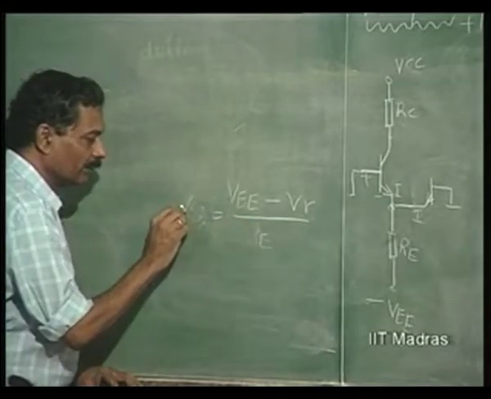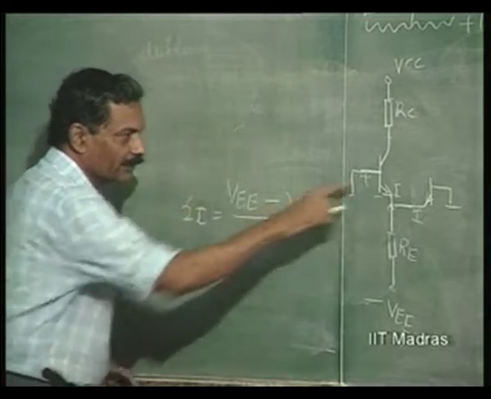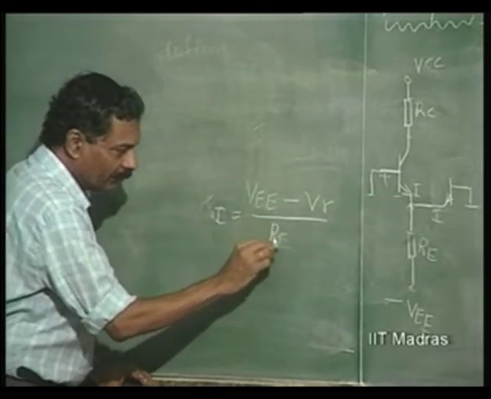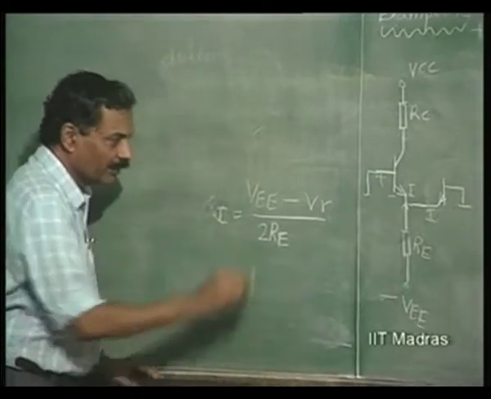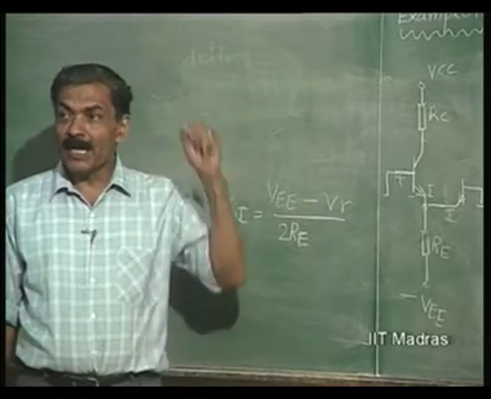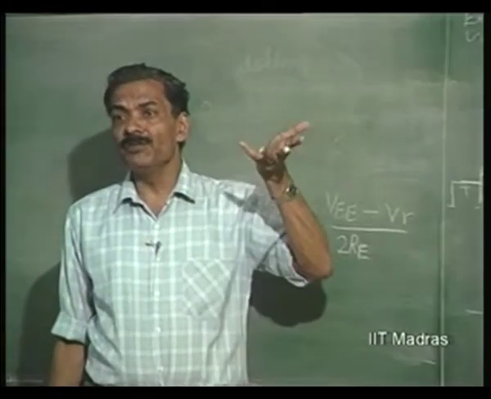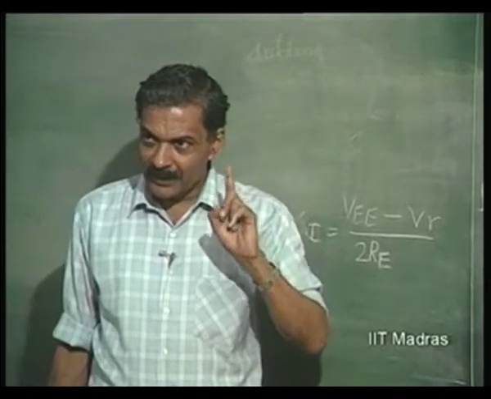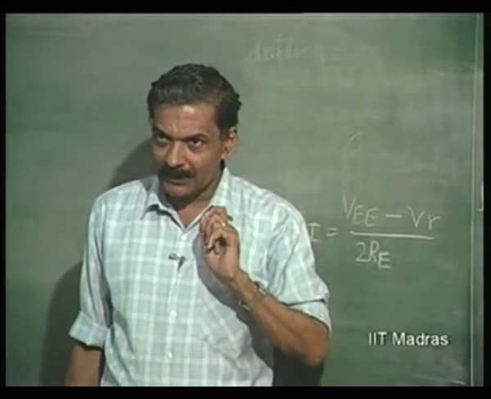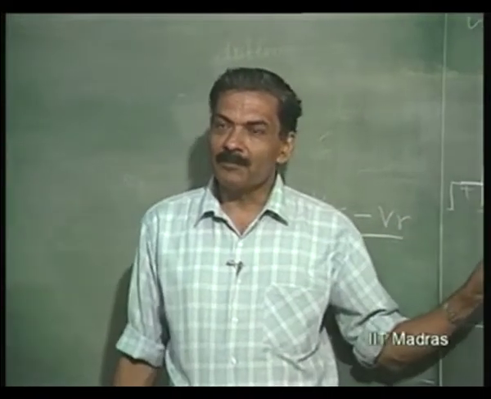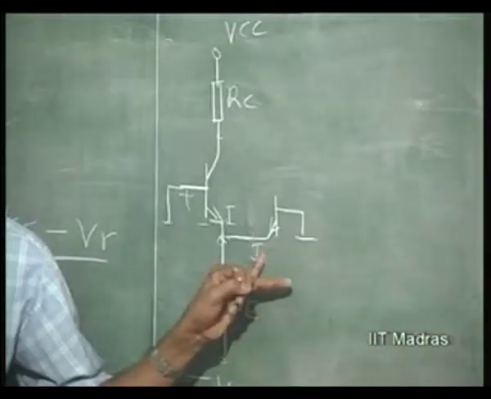Then this current is going to be twice I, because I is flowing here. So, I is going to be still predictable. It is VEE minus V gamma by 2 RE. That means it is as stable as before. The reason that it has remained stable is primarily because these two transistors can be assumed to have identical characteristics.